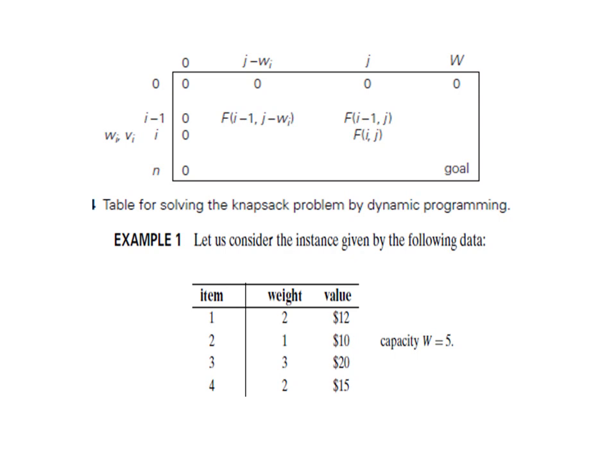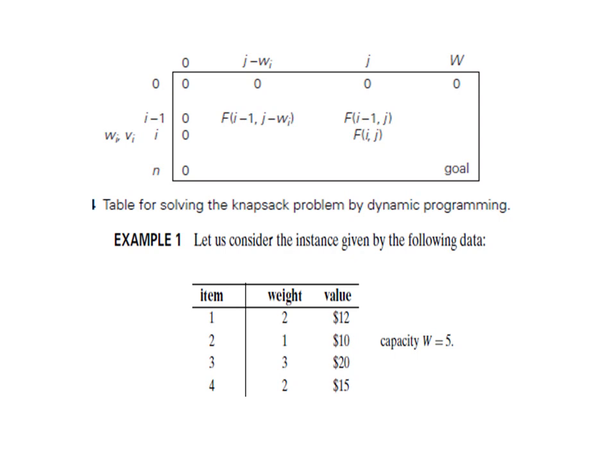If it doesn't fit, that is, if it gives a negative value, keep the previous value as it is. The solution will be in the last row and last column, f of n comma W, which will give you the profit at the end for the knapsack problem.